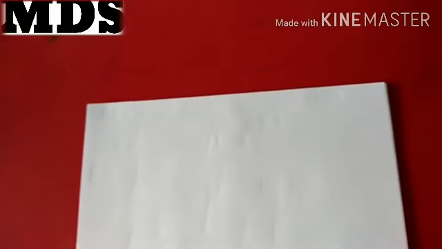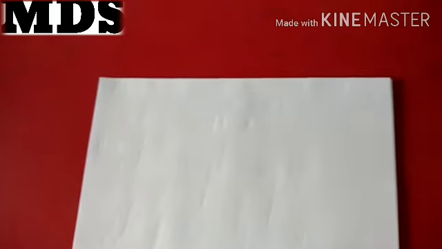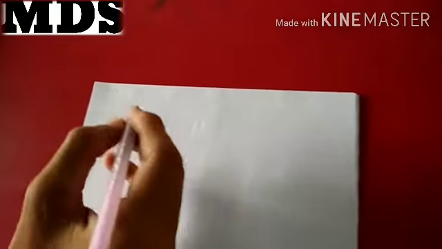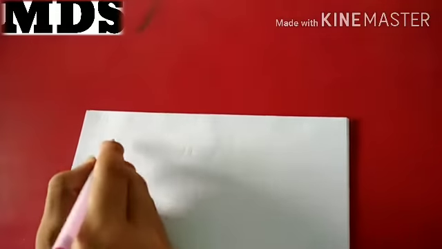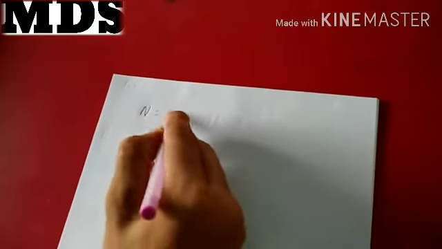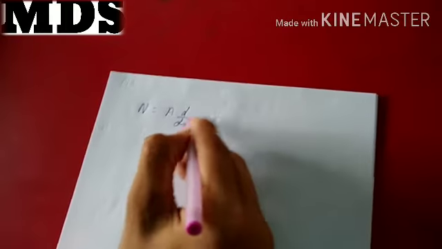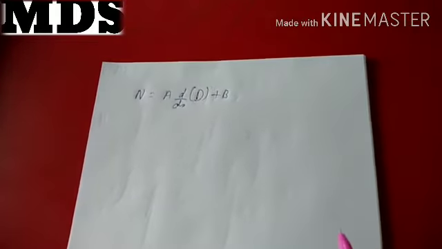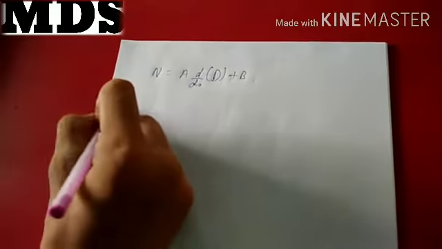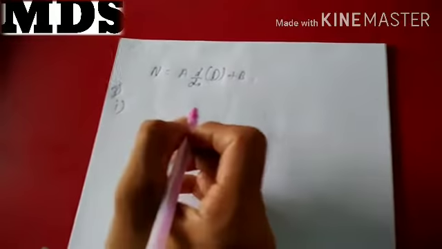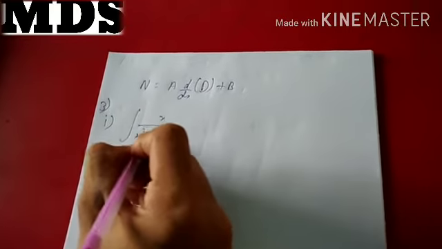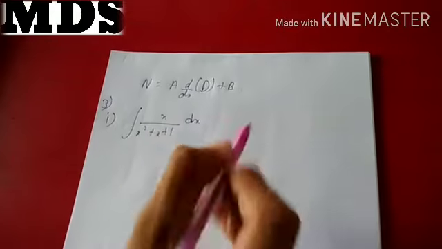Now the third question will be solved in the way that we have learned, that we are going to write the numerator as a into d by dx of our denominator plus b. Okay, so third question, first part, it is x by x square plus x plus 1 dx.